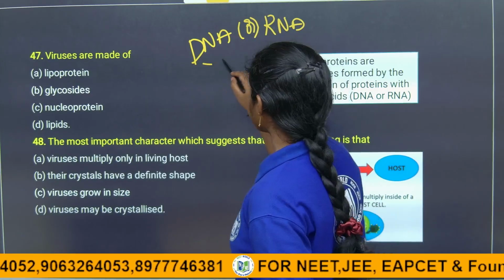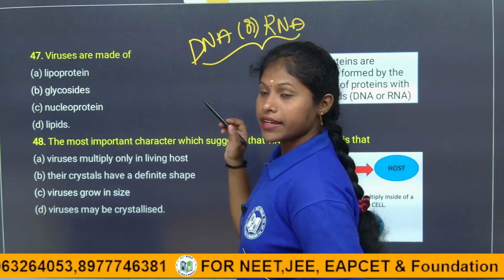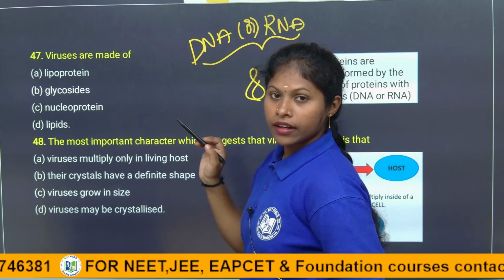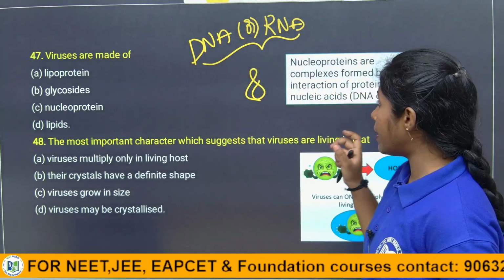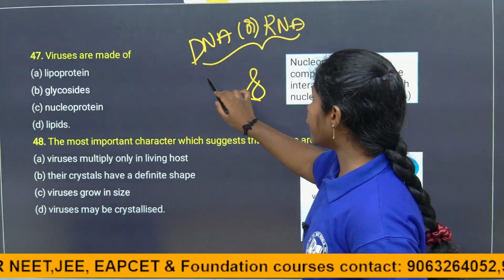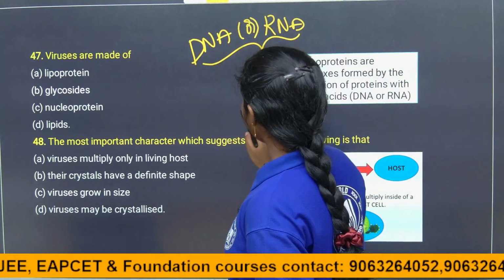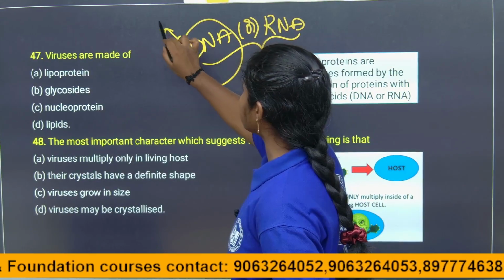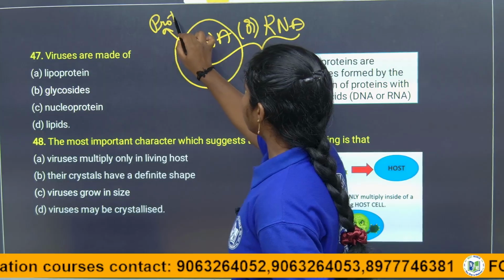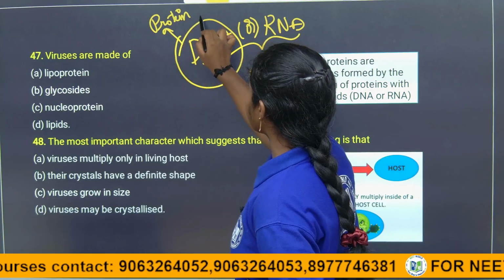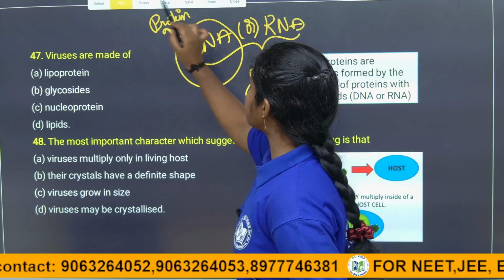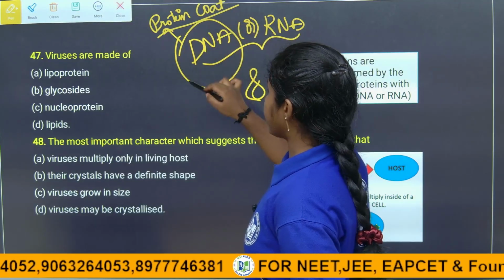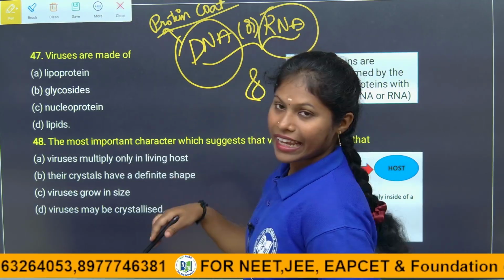Sometimes there is no presence of DNA and RNA also, right? So there will be abnormal, unfolded protein, and sometimes the genetic material is covered by the protein coat, right, children? The protein coat helps keep the genetic material safe.